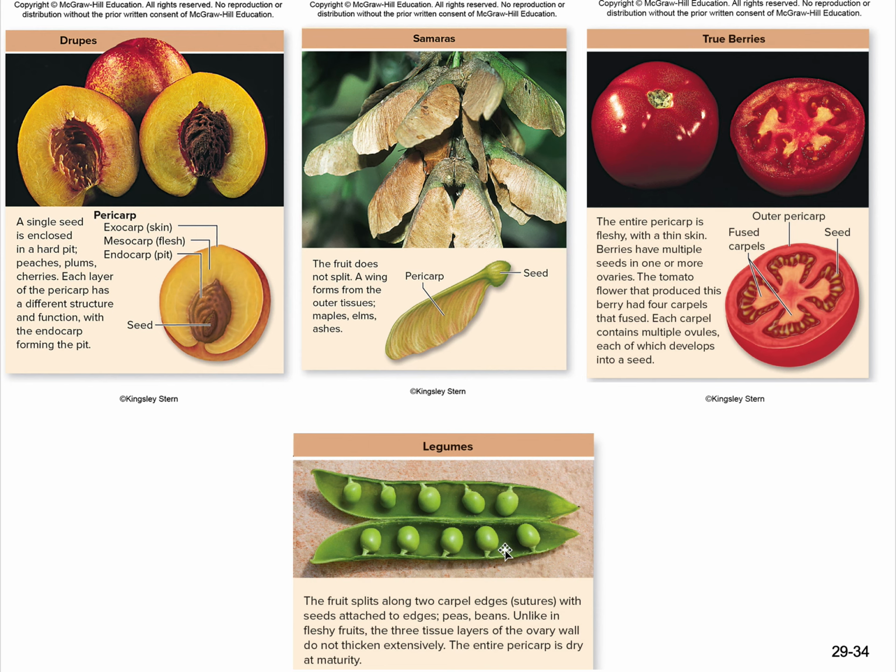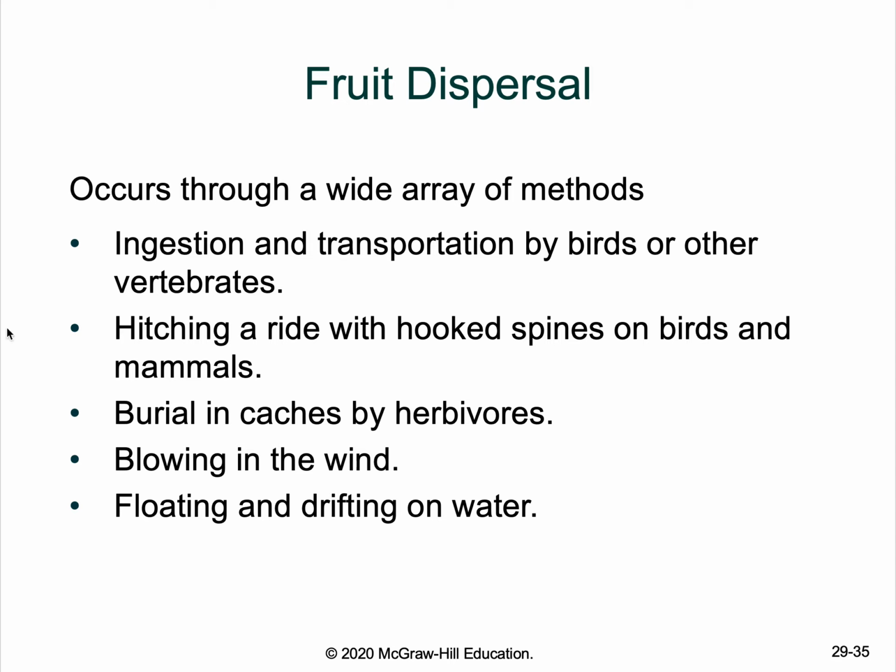Anything that has a seed pod is a legume. Here we have the Texas ebony trees that have those really big brown pods. That's considered a legume. Tamarindo is another one, it has a pod. So those are different types. The reason for fruit, let's talk about that. What is the purpose of the fruit?